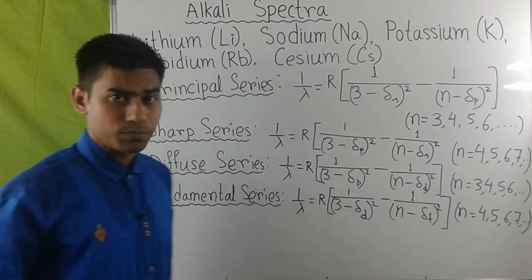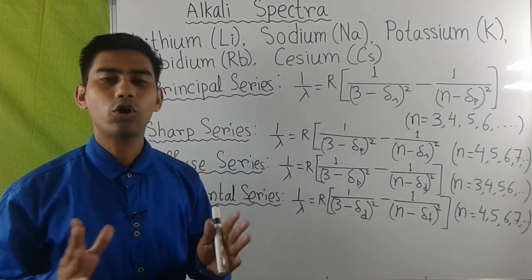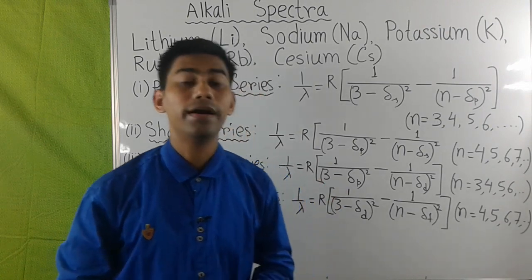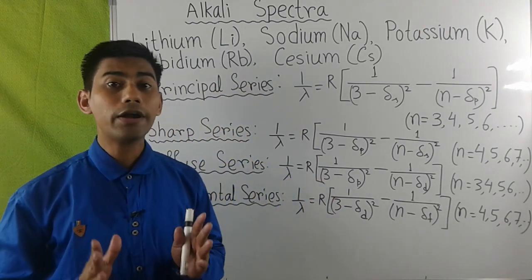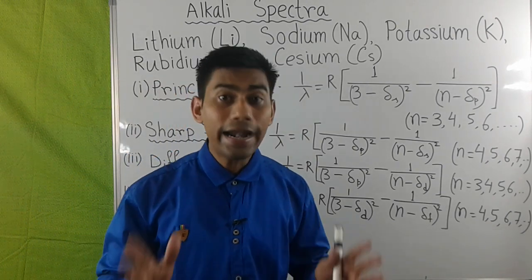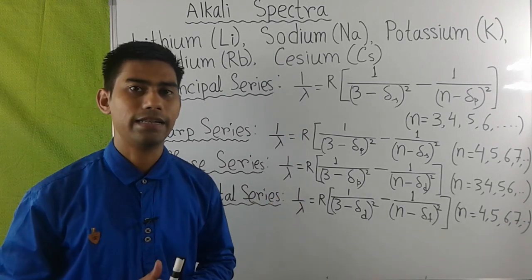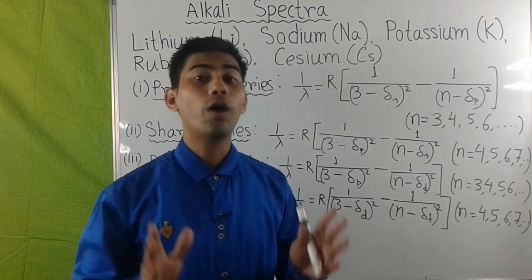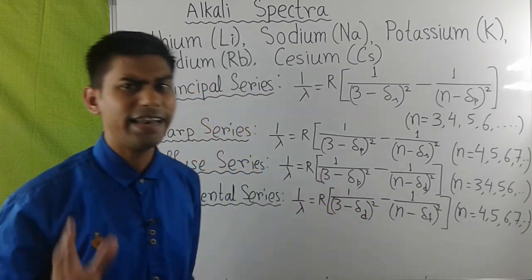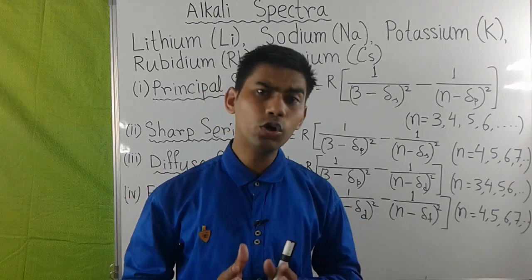Now the atoms of all alkali metals have similar electronic configuration. An atom of each of them consists of a number of electrons in the closed shells or subshells and a single s electron in the outermost shell. The vector sum of angular momenta and magnetic moments of all the electrons in the closed shells or subshells is 0.